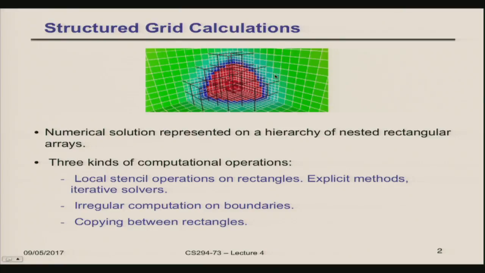So this is typical of a lot of calculations with spatial models, and in particular for partial differential equations. And that's going to be the focus, implicit focus, of what we're talking about here.